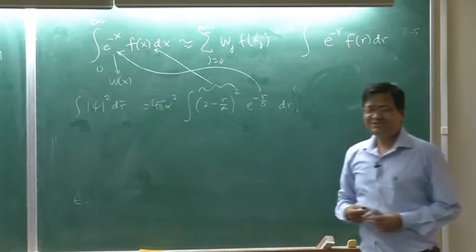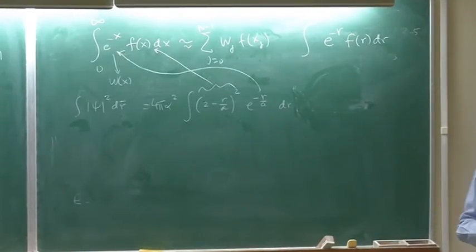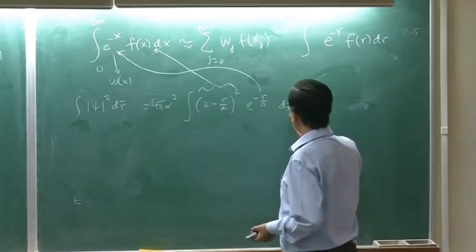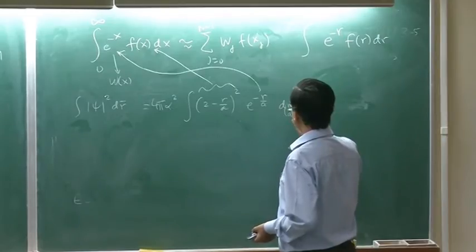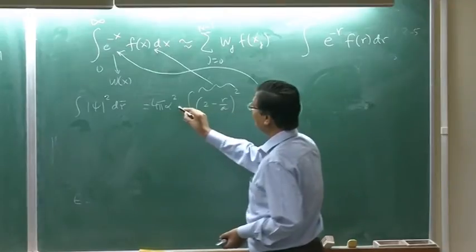Now my strong recommendation is to get rid of a. How will you get rid of a? Let r by a equal r prime. So I divide by a, multiply by a, and a will come out here.